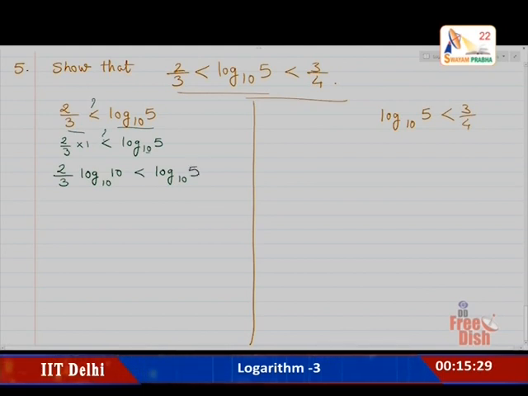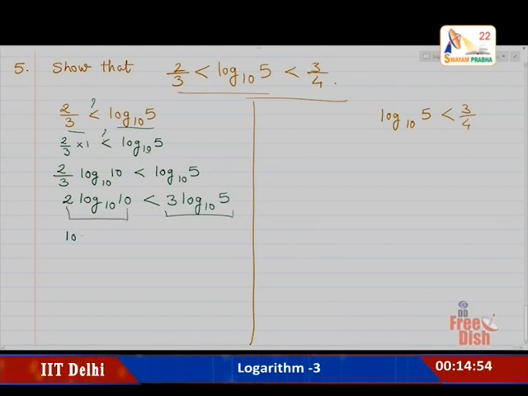Can I compare now? I can compare, I have to do some algebraic manipulations. So, it is 2 times log to the base 10 of 10, which can be less than 3 times log to the base 10 of 5. Is it true? That is what I have to see. Do I know something about these logs? Yes, I know the power law for these logs. Both of them follow the power law.